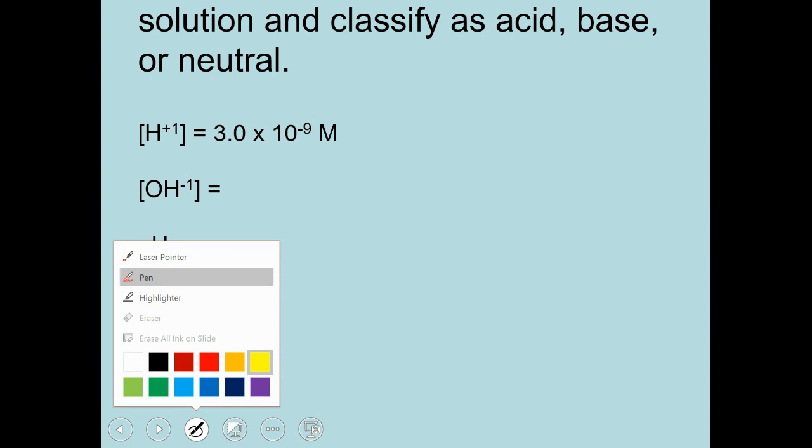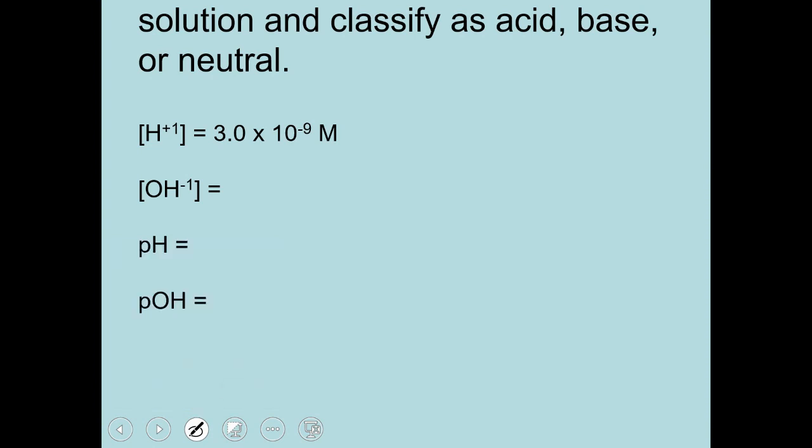So how can we do some calculations to help us to classify? The beginning of the question says calculate the following for this solution and classify as acid, base, or neutral. I see that kind of went off the top, so I'll fill you in on what that actually says.